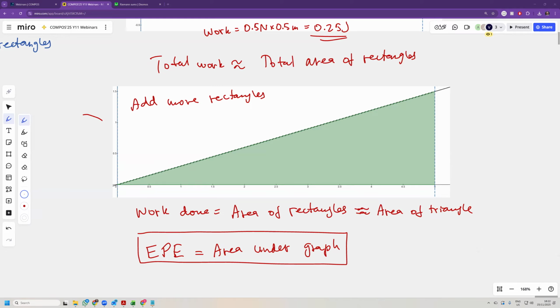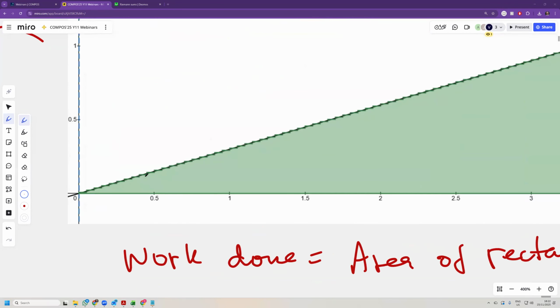No, the force does not go in jumps. The force goes gradually. Like here, we can assume that it goes gradually, but going up gradually or going up in very, very small jumps is the same thing, isn't it?